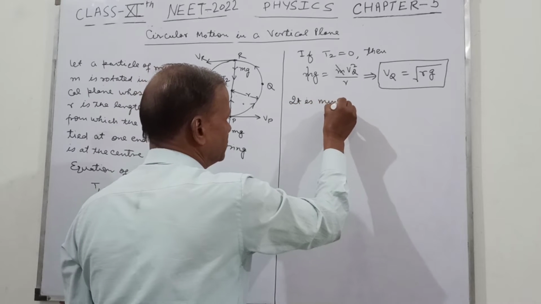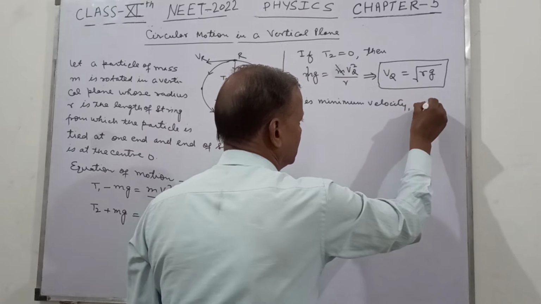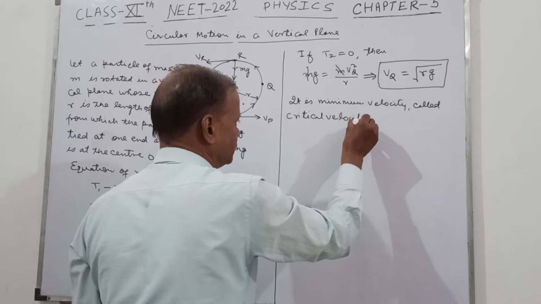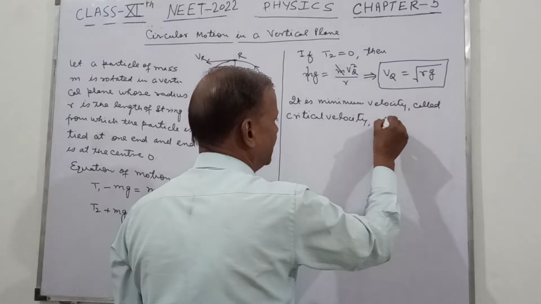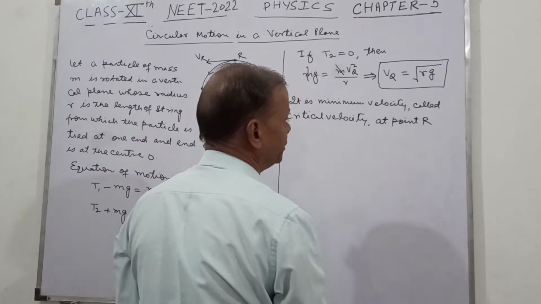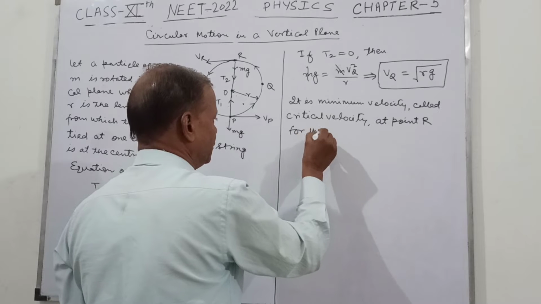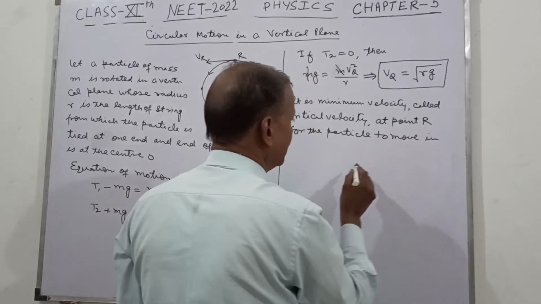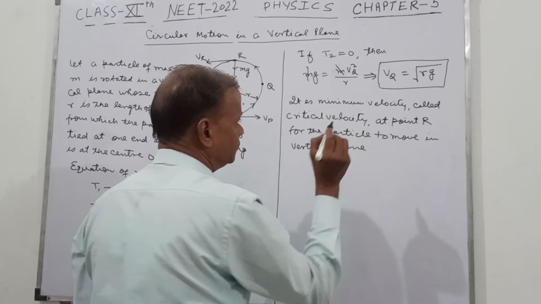It is the minimum velocity, called critical velocity, at point Q, at point R, for the body to move in the vertical plane.